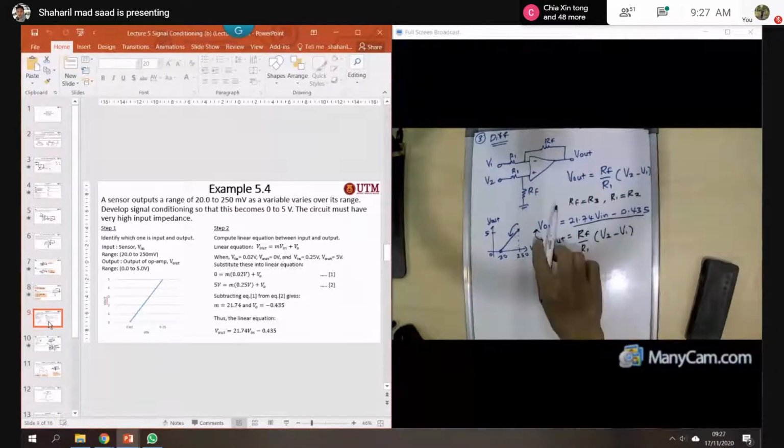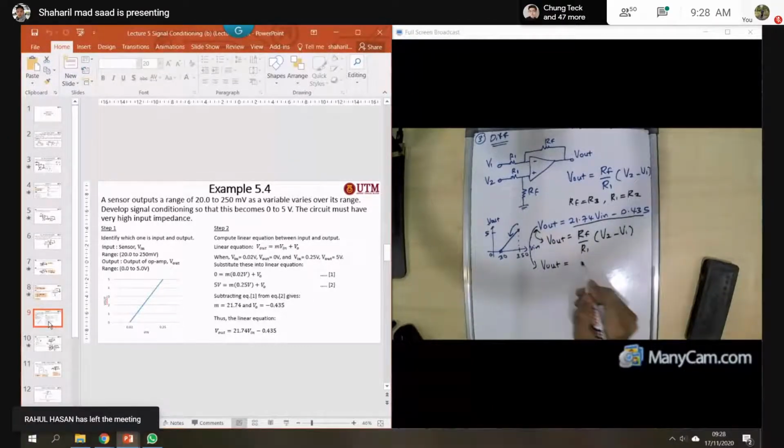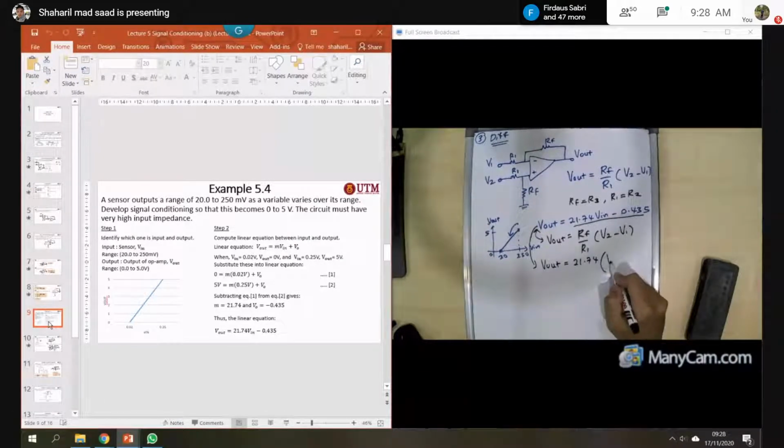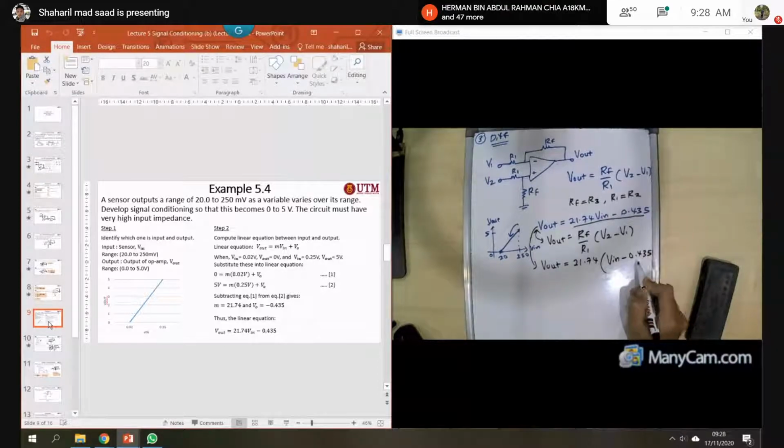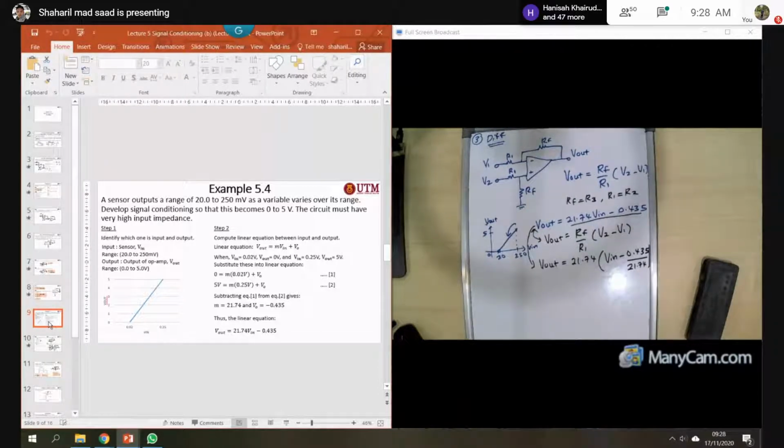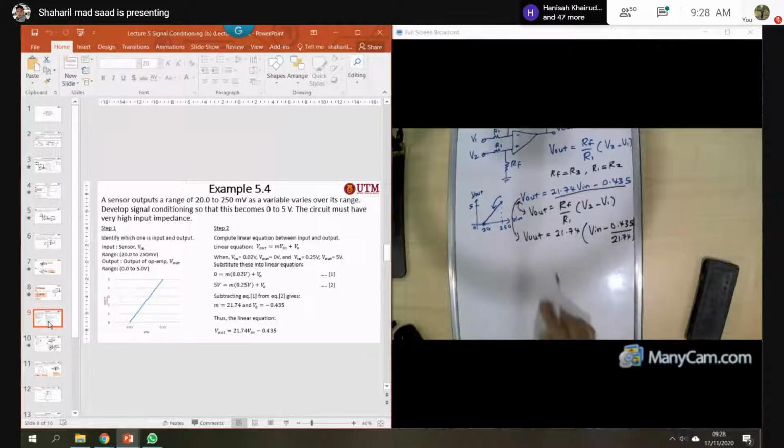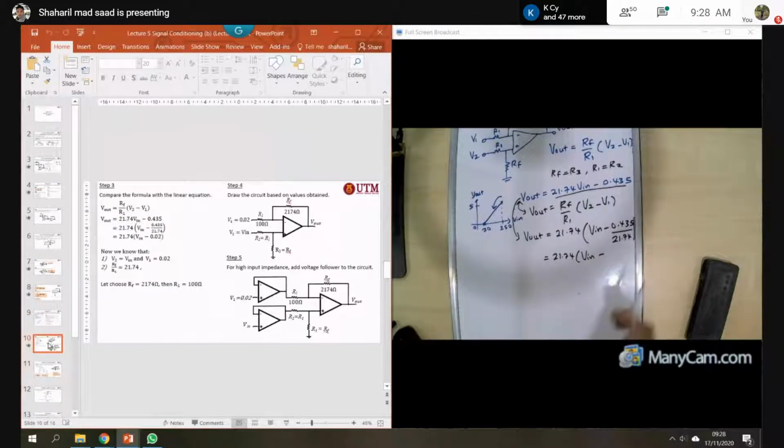So V out equals 21.74 times V in minus 0.435 divided by 21.74, then you will get 21.74 times V in minus 0.02.